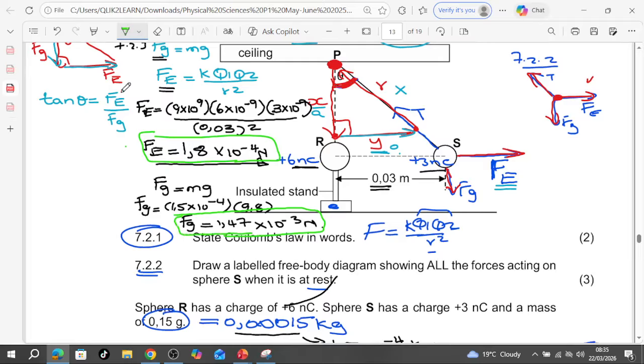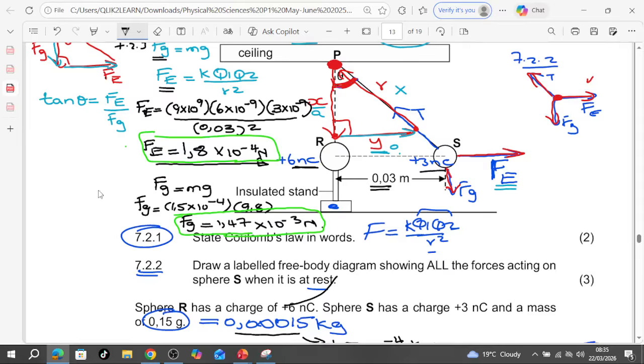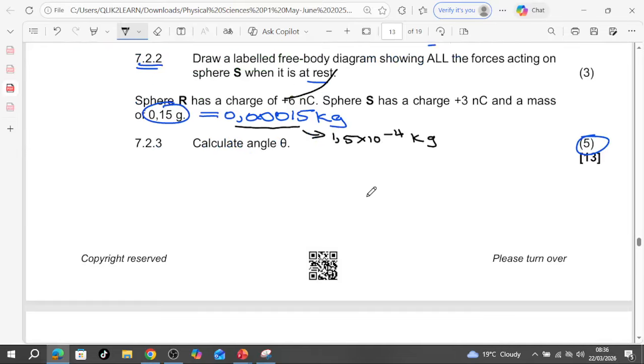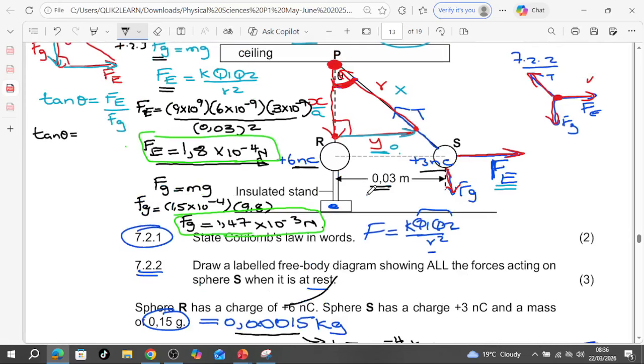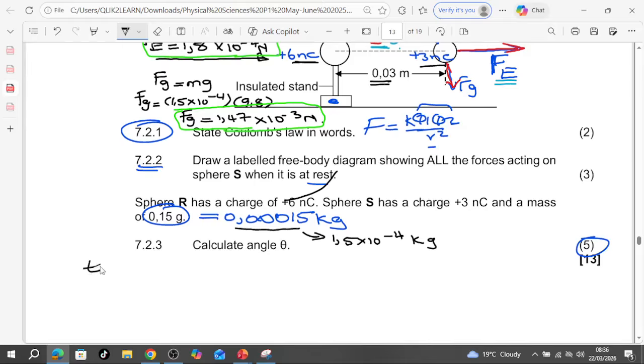Right, so when I have it like that, I'm going to say that tan of theta is equal to, let's move it down here. We said that tan theta is equal to Fe over Fg.